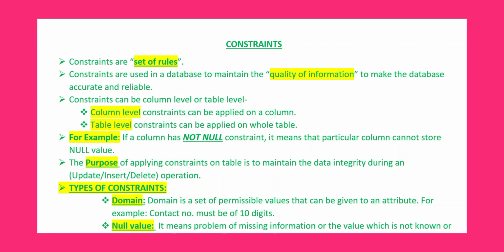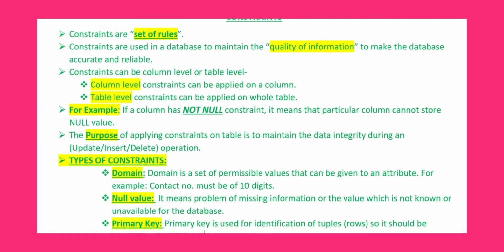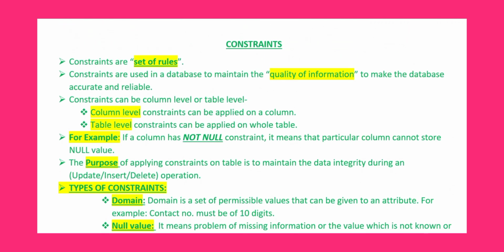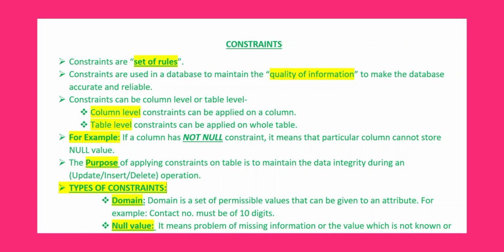Now, what are the different terminologies used in maintaining constraints in a database or in a table? These are domain, null value, primary key, unique, and default. So this is all about constraints, which is a very important topic in terms of database to make the database accurate and reliable.